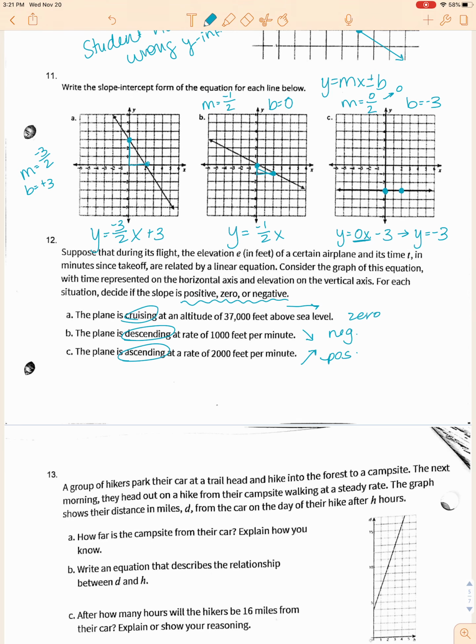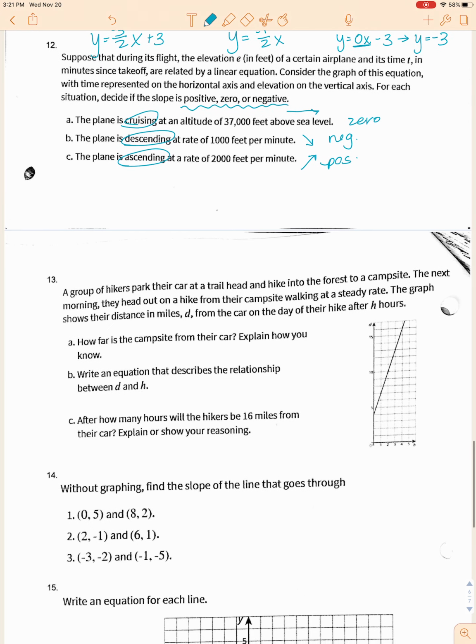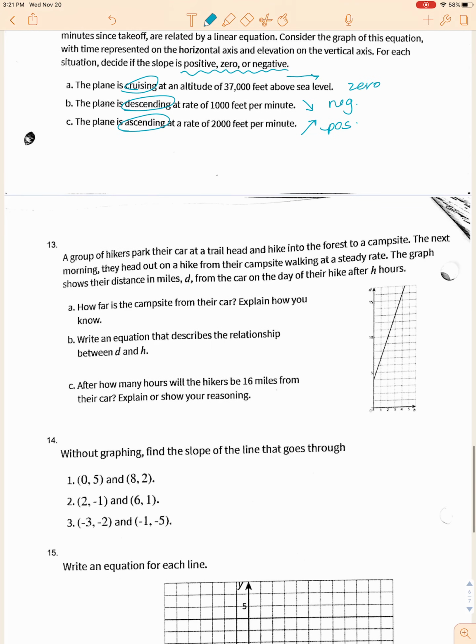All right, number 13, a word problem. A group of hikers, and there's a graph there that shows their distance in miles and the hours. So how far is the campsite from their car? A group of hikers park their car at a trailhead and hike into the forest to a campsite. The next morning, they head out on a hike.